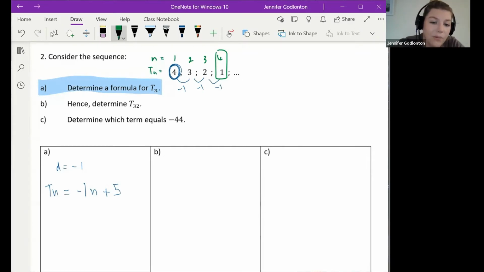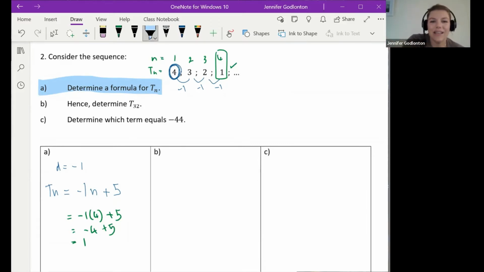So if n was 4, that would be -1 times 4 plus 5, which is -4 plus 5, which is 1, which is what we're wanting. So once you've got your formula, put in one of the pairs to check that you're right, and then you can adjust if it's not right.